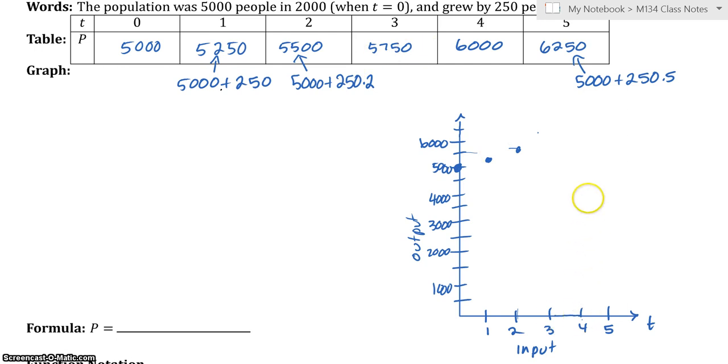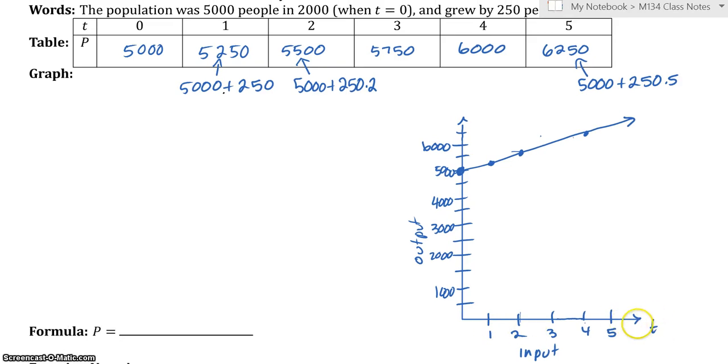Go to 4, which is 6,000. You don't have to graph every single point. Just need to get a shape here. 4 is like 6,000. And that gives us enough. You could go to 5, which is halfway in between. You could do the 3. It's just a good idea to graph enough points so you can see the shape of your curve. In this case, it's a line. And it does go on forever there.